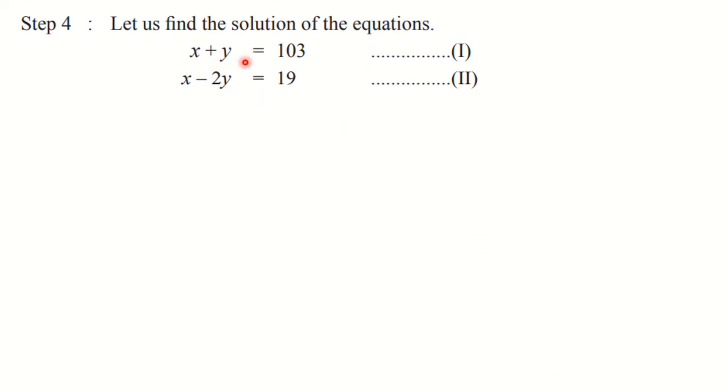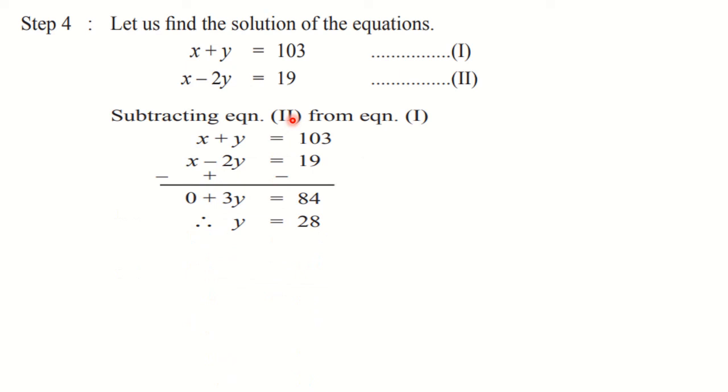See, x plus y is equal to 103, equation number 1, and x minus 2y is equal to 19, equation number 2. Observe here, the coefficients of x are equal, so subtraction is going to help you here. So subtracting equation 2 from 1, 1 is written up and 2 is written just below that.